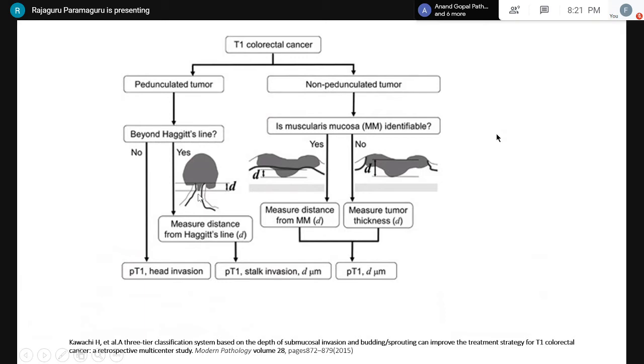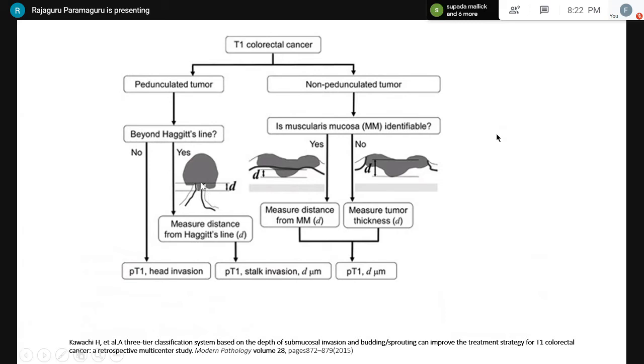And in a pedunculated tumor, I told you about the Haggitt line, just between the neck and the stalk of the polyp. From that, you have to measure the invasion. If a lesion is involving only the head of the polyp, there is no point in measuring the thickness of the invasion.